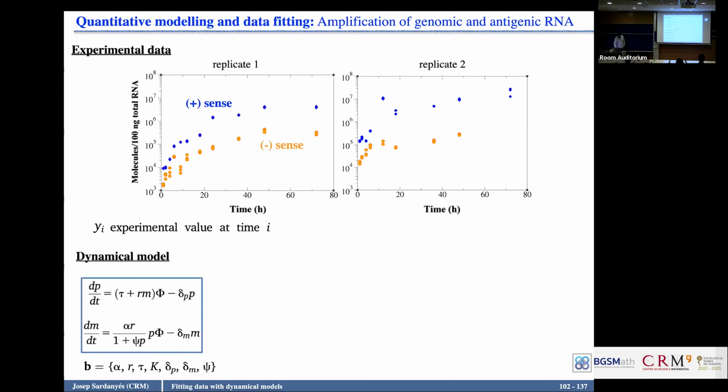Then we have, of course, our dynamical model, which is this one, and we have the vector of parameters of the model. Here we will not include the initial condition in the parameters. If you remember, Luis was saying that many times we need to include the initial condition because when we have exponential growth, this is very sensitive.